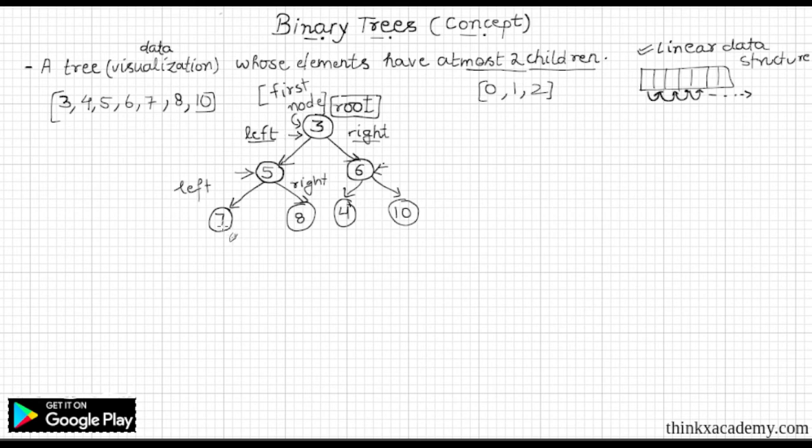The last nodes that you can see here will point to a null reference. Similarly, these will also be null. This means that at this point, this node has no children, and this node has no children.